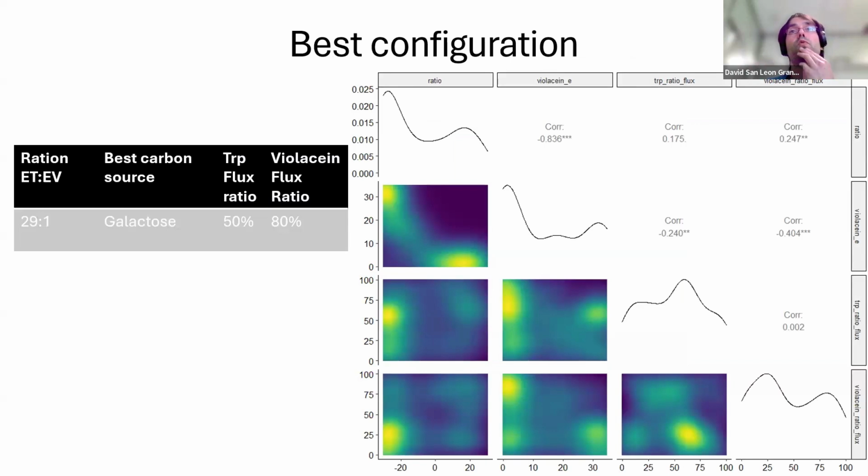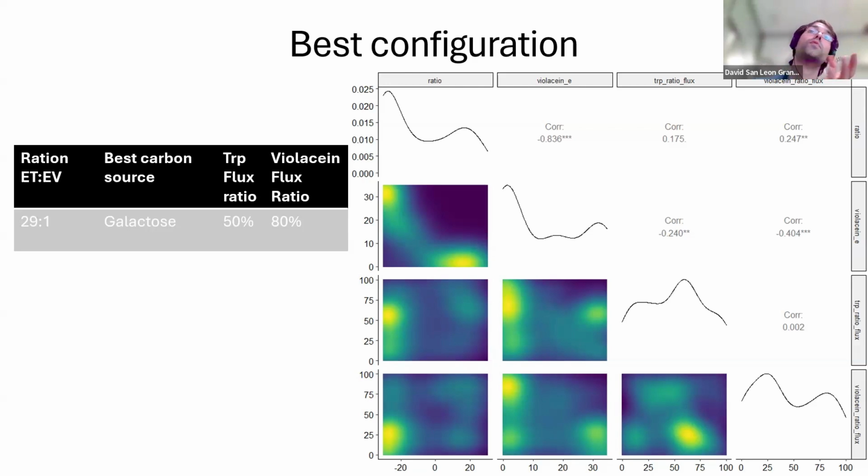What are the results that we obtained? We obtained that the best solution for the ratio is 29 versus 1. In the paper, they identified 19 against 1 in terms of the amount of the tryptophan producer versus the violacein producer. We identified as top result galactose as the best carbon source for production, the same as the authors.